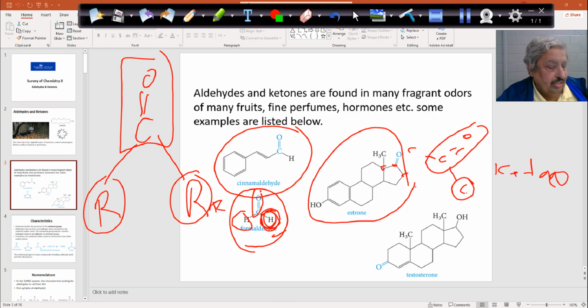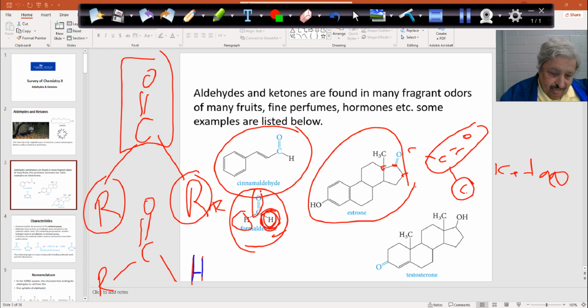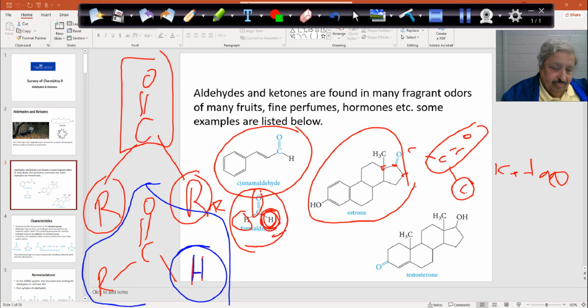But if I have the same setup here, and then I say, okay, this is R, replacing R with the H. See, that's the difference here. This H here makes an aldehyde. Okay, guys. So that's the difference between the ketone and the aldehyde.